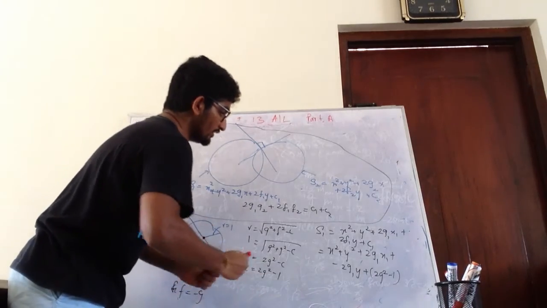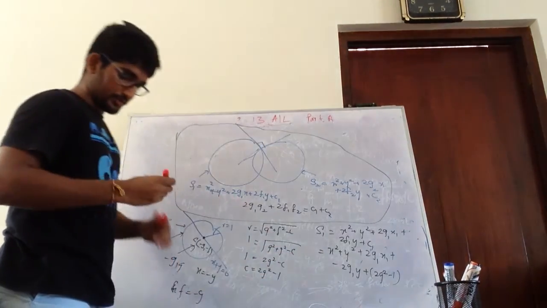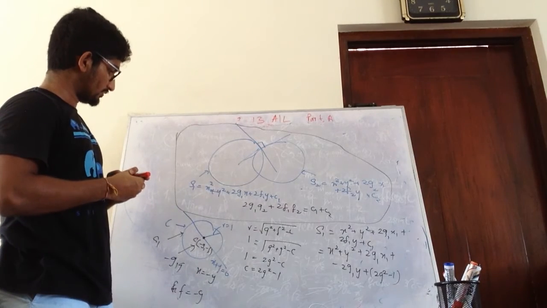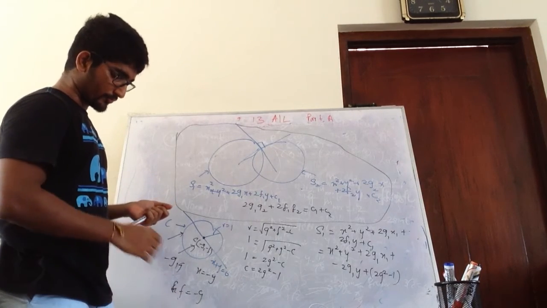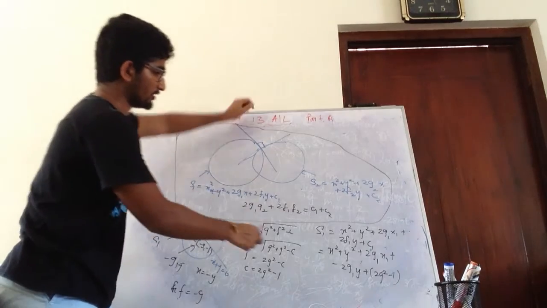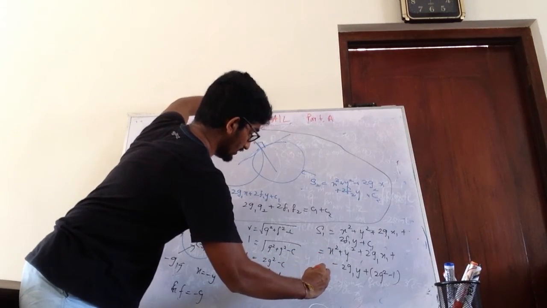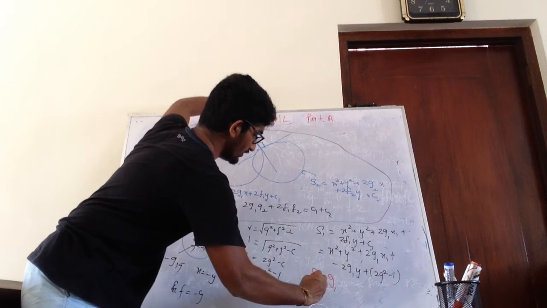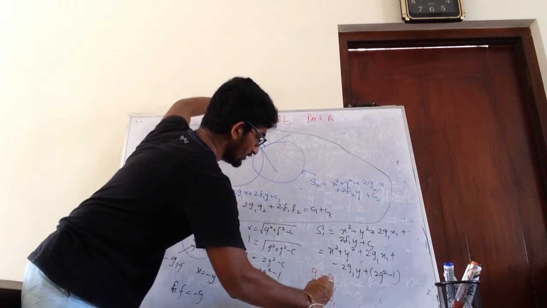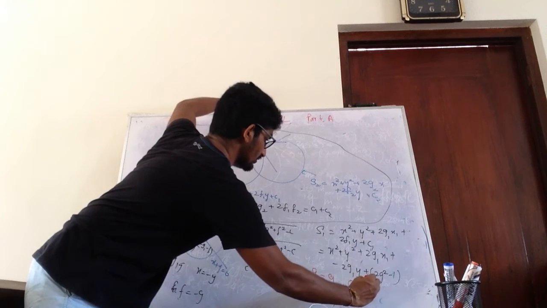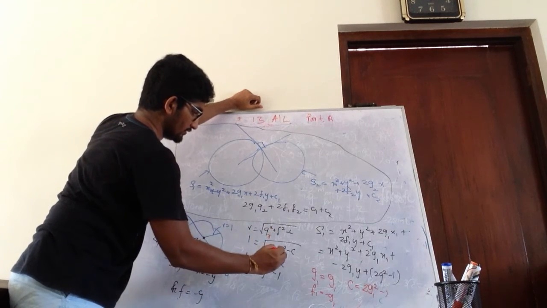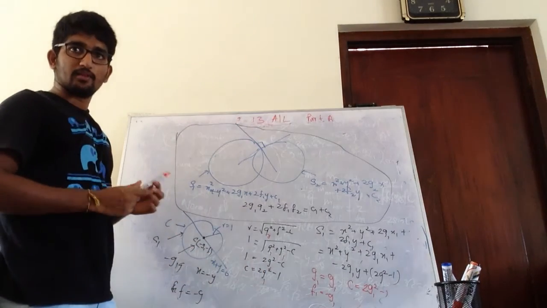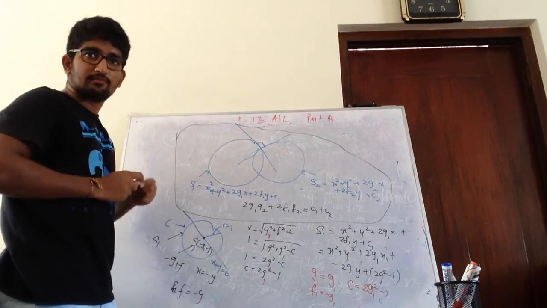So g1 will be g1, f1 will be minus g1 and c will be 2g1 square minus 1, correct? So this is one way, right?